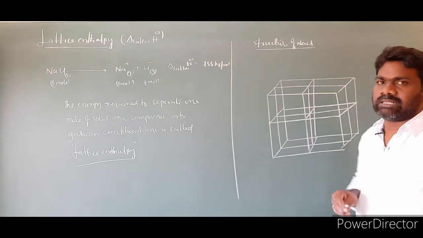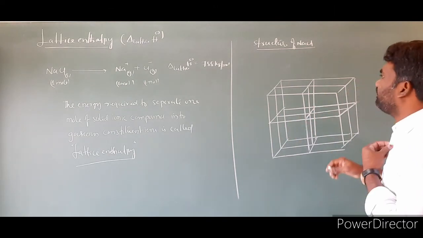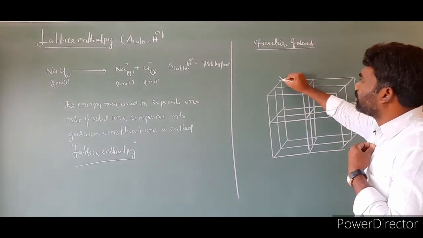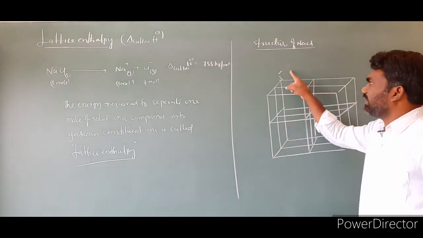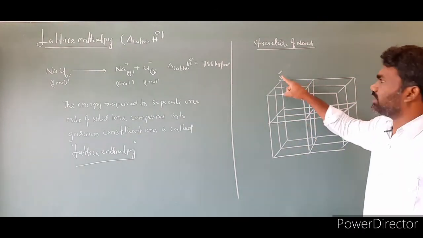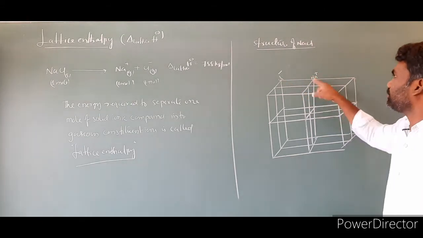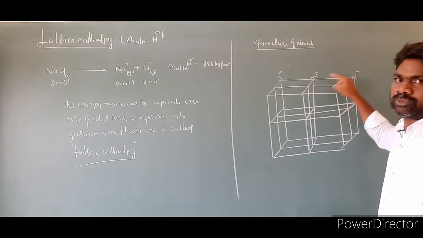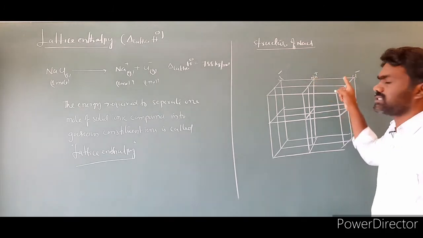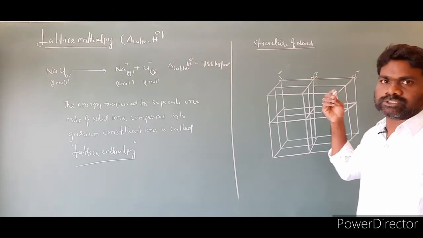Let us look at where the Na plus ions are present and where the Cl minus ions are present. We take chloride ions, Cl minus, at the corner, then opposite in charge we write Na plus. Positive and negative charges are attracted by the electrostatic force of attraction.